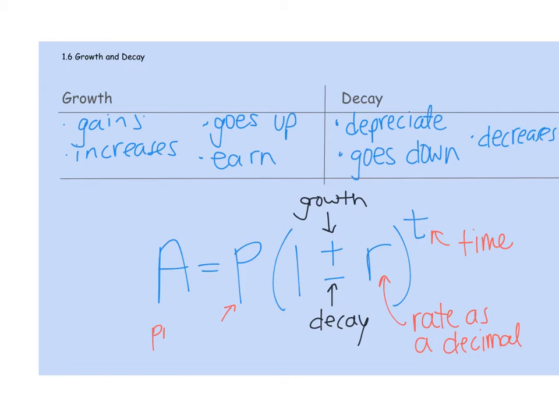P stands for principal. Not like Principal Pickens, like principal, how much money you start with, okay? So I'm going to put your start. That's a word that we'll look for, initial.